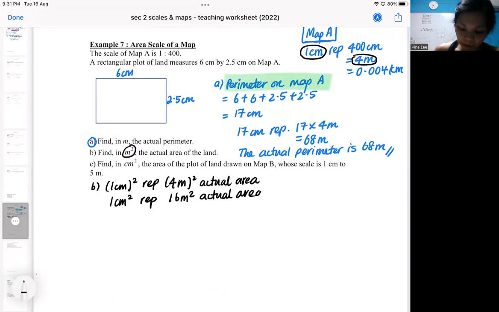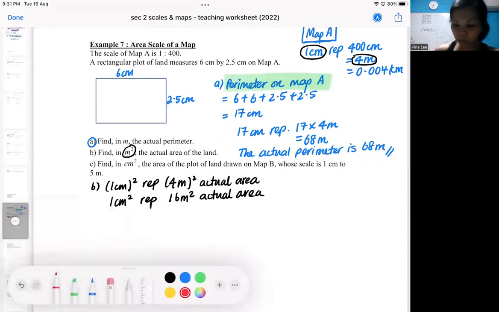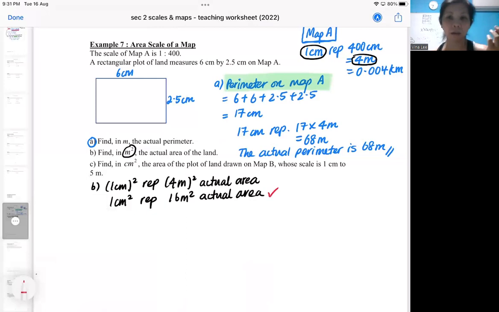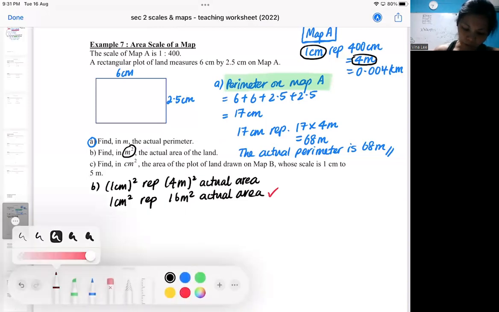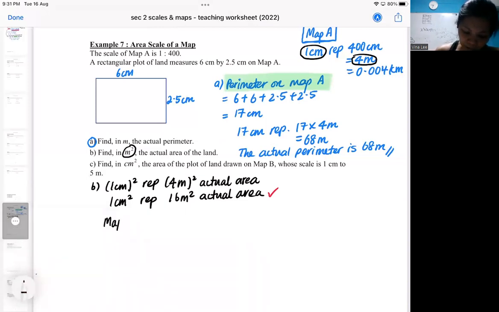If you do this part right, this is the one that you will be awarded method marks. If you forgot this statement or this statement is not present, sometimes you don't get your method marks or answer mark at all. From here, I need to find the actual area, but do I even have the map area? Of course, I'm going to find my map area. That will be 6 centimeter times 2.5 centimeter.